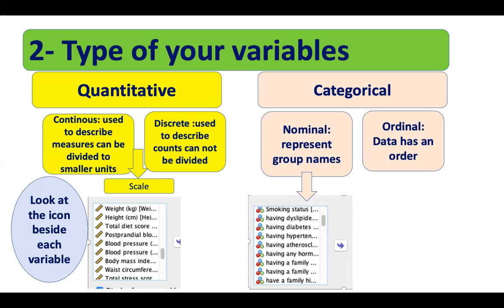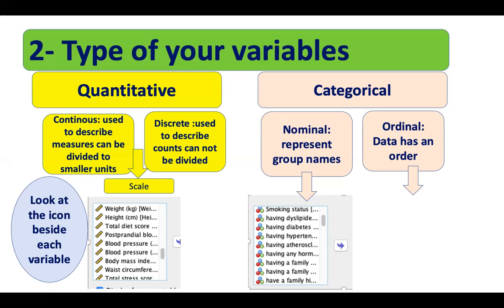So if you forget what you did in the variable view, the variable will be in front of you, and if it is wrong, you have to go back to the variable and correct it to a nominal variable, and then go to ordinal. Ordinal variables are variables which have an order, like, for example, education: primary, secondary, university.